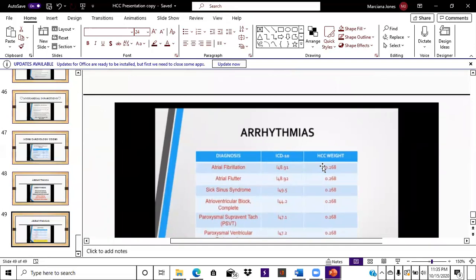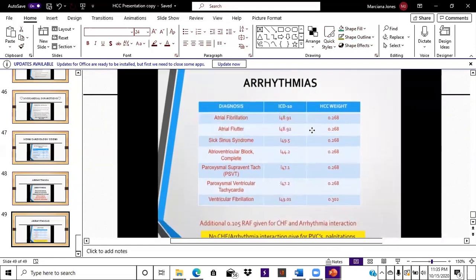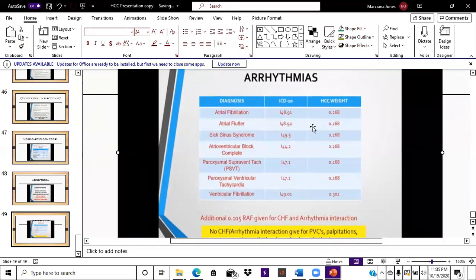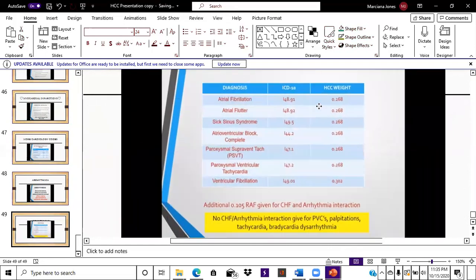So AFib, atrial fibrillation. You see AFib a lot, because I've never really seen a physician spell out the whole thing. I usually only see them put AFib. I need this code for later. So you have your AFib, which has the weight. You have your atrial flutter, your sick sinus syndrome, your AV block.